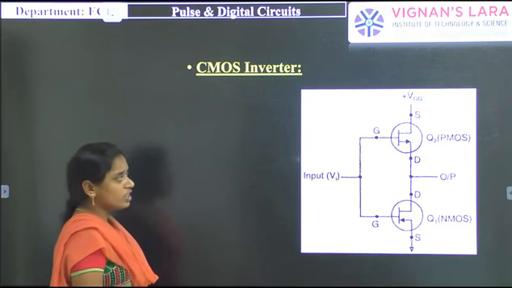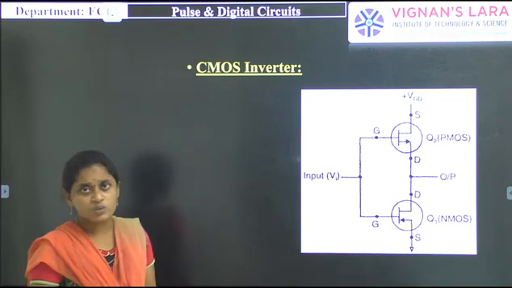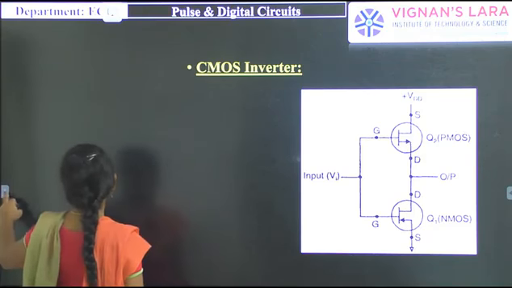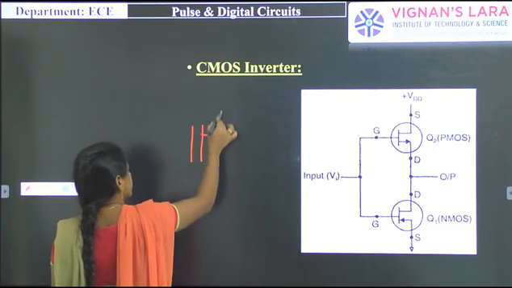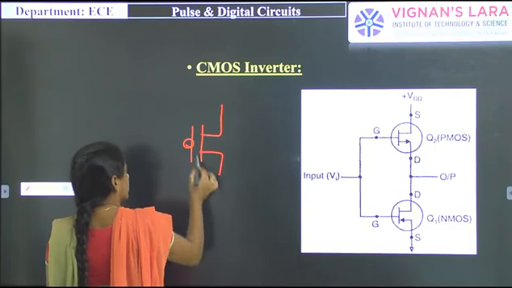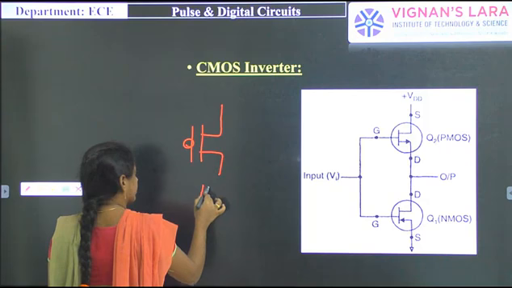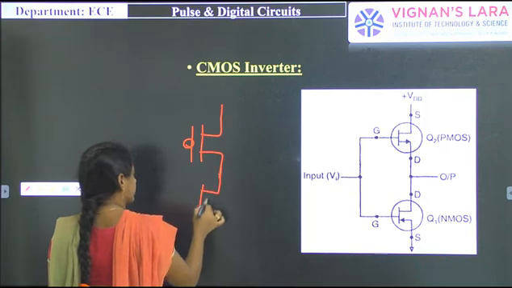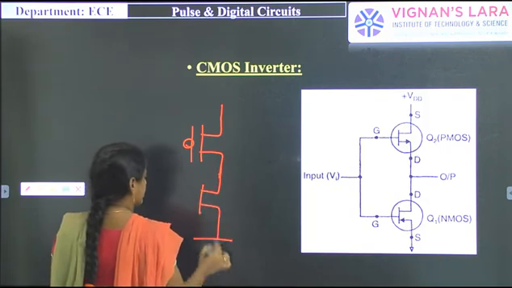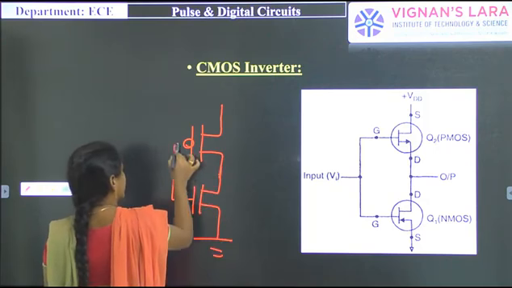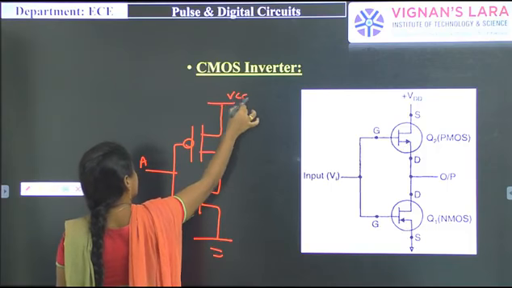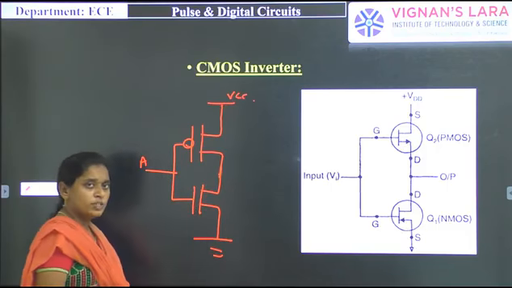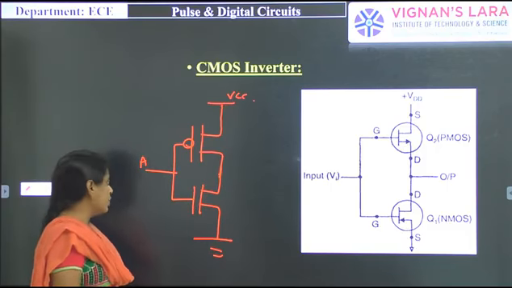The CMOS inverter is a combination of a P channel MOSFET and an N channel MOSFET. First we take the P channel MOSFET and the N channel MOSFET, which is connected to the ground, and both are connected with each other with the input A, and here we connect the VCC. First I give an input signal A equal to 0.